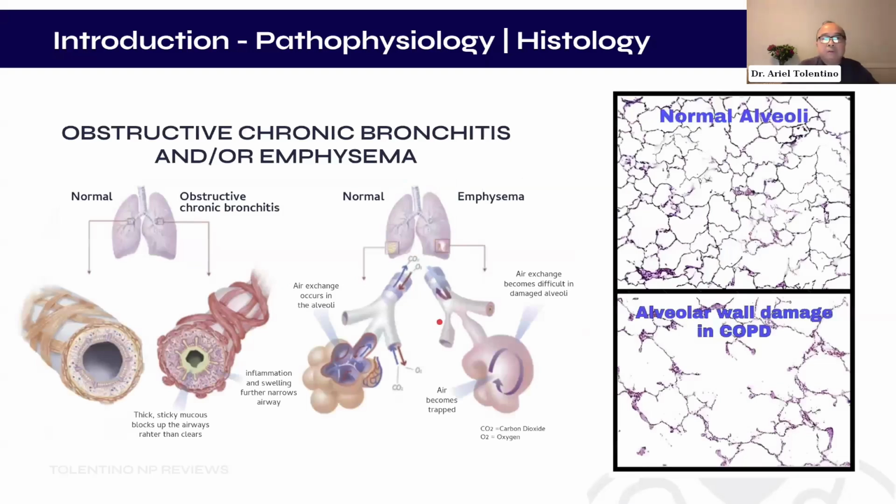Now, let's talk about the pathophysiology involved in COPD, more so related to the two most common subtypes, which are chronic bronchitis and emphysema. Now, with chronic bronchitis, it's very important to know the definition, and this is associated with chronic cough productive of sputum for at least 3 months in a year for 2 consecutive years.